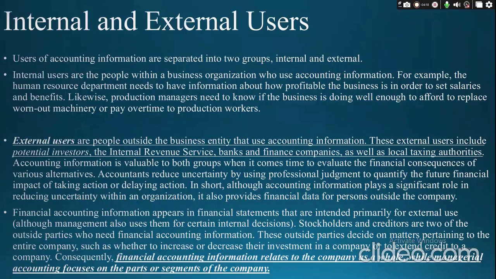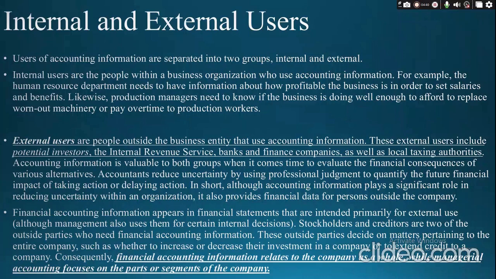Accountants reduce uncertainty by using professional judgment to quantify the future financial impact of taking action or delaying action. In short, although accounting information plays a significant role in reducing uncertainty within an organization, it also provides financial data for persons outside the company.